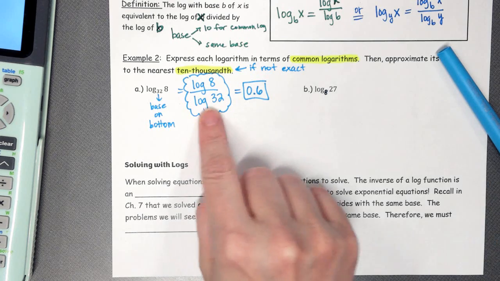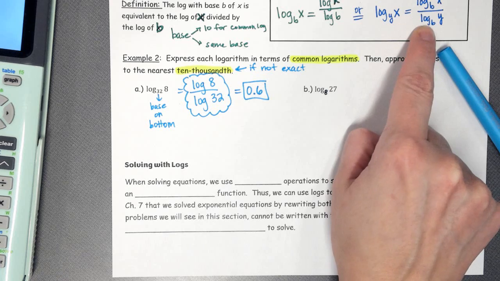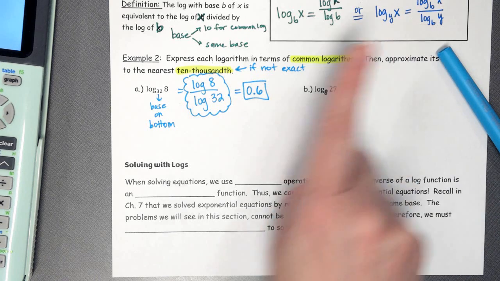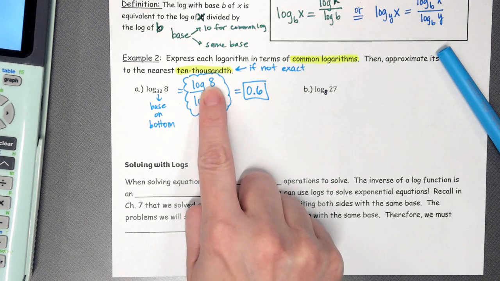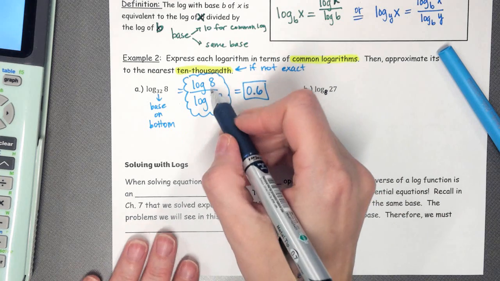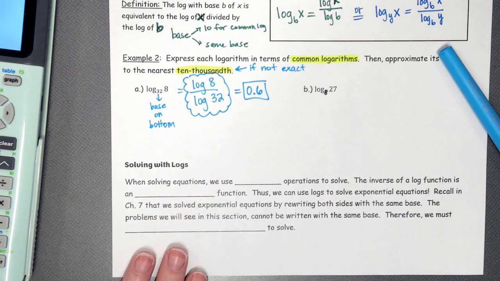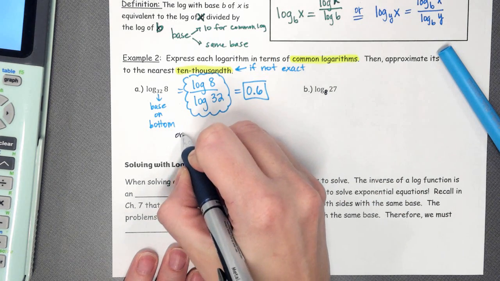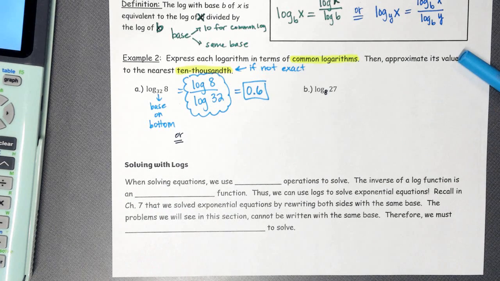Now I told you I would tell you a situation when this is useful, okay? This is useful if you can rewrite these with the same base. 8 and 32 can both be written with what base? 2, right? So it can't be written with 4, but it can be written with 2. So let's say that some teacher said you couldn't use a calculator and you had to simplify that.